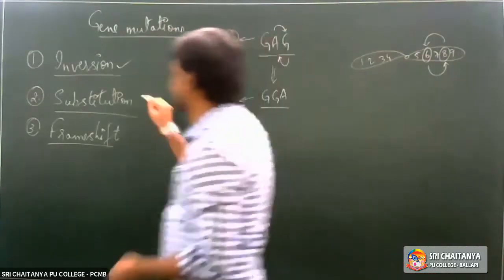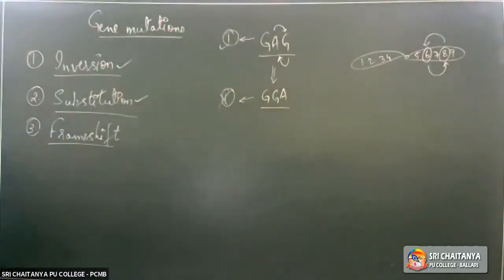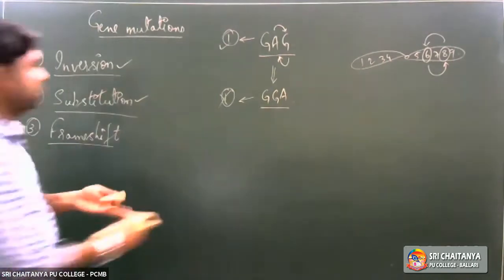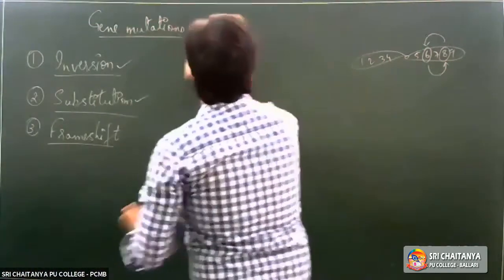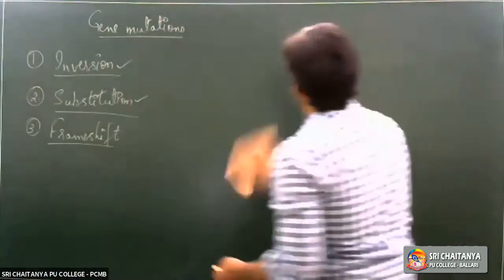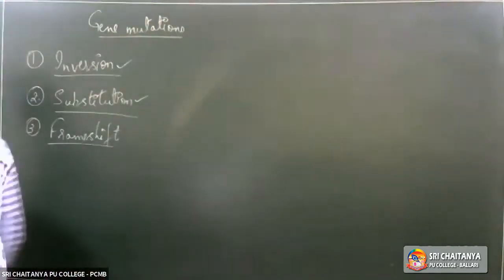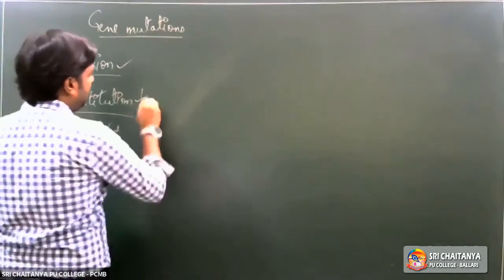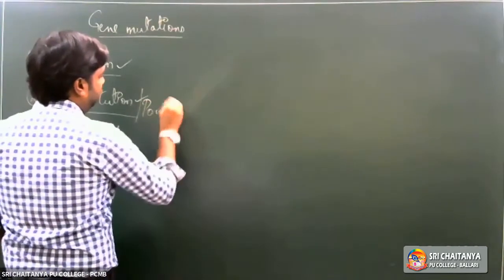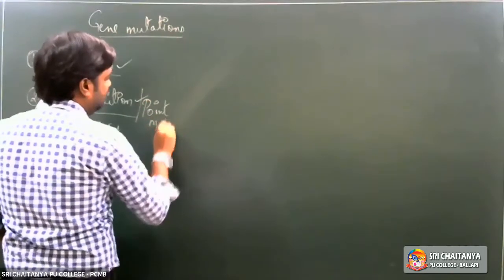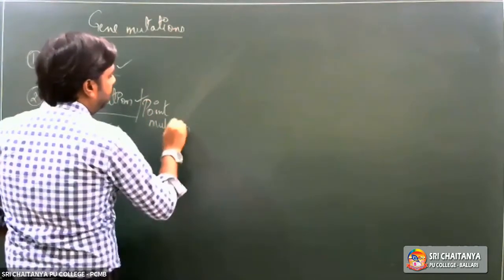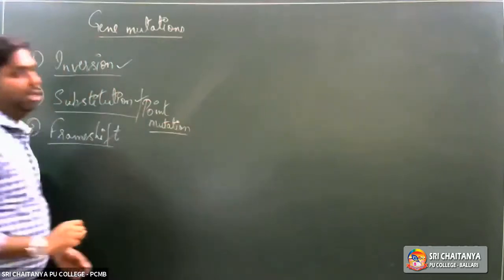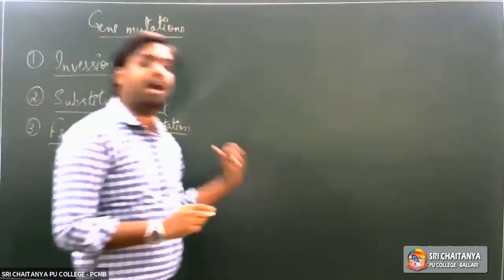Now let's talk about the second one, which is called substitution mutation, also called replacement mutation, or point mutation. What does this point mutation mean? At only one particular point, there is a change in the nitrogen base happening, right?